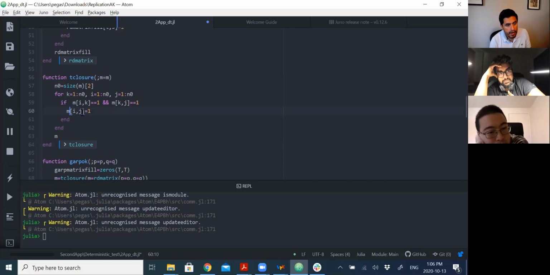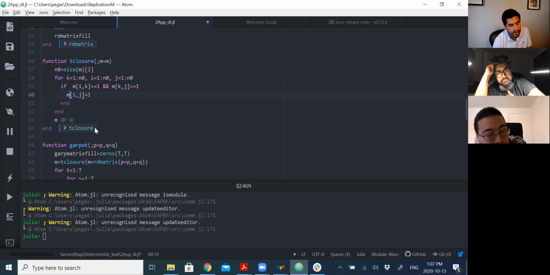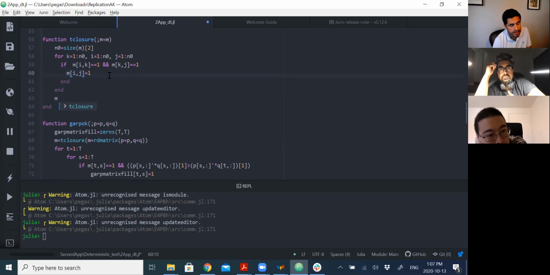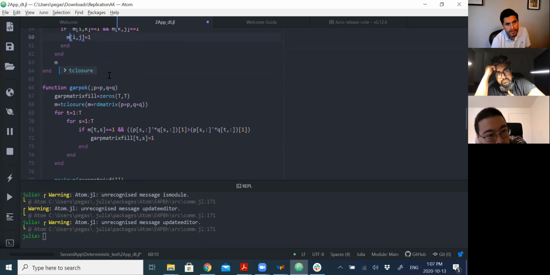Okay, and so when it does that, it uses this information again whenever you're checking the rest. Now, it turns out that this algorithm creates the transitive closure. It's not obvious that it does, but this is a proof for computer scientists, so we just use it. So in general, the transitive closure is the difficult part to do. So this is the matrix that does it, and then testing GARP is easy.